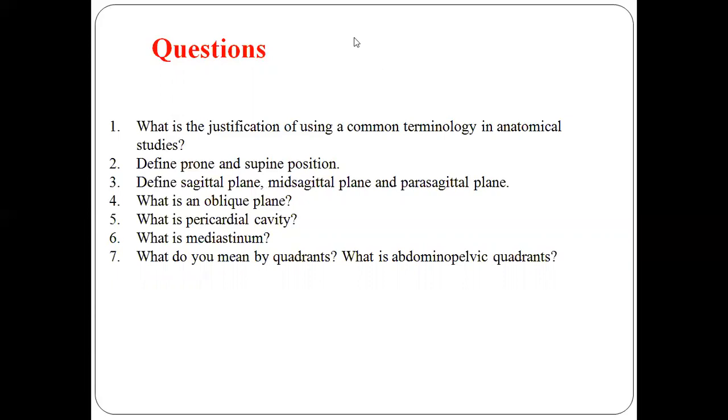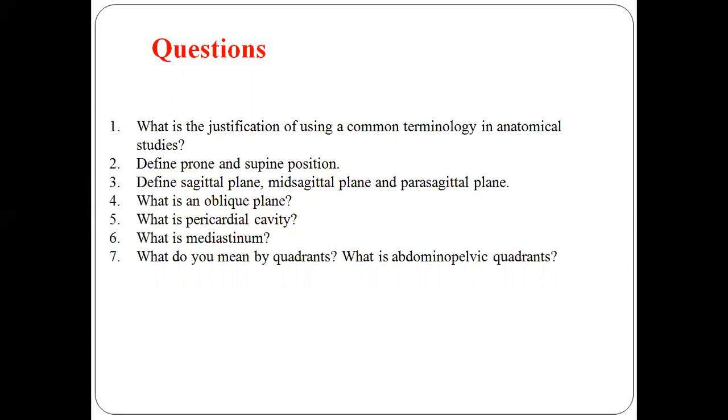And these are some questions that might help you for exam purposes. So first of all, you have to give the justification of why common terminology is used in anatomical studies. Then there are some definitions, that is the prone position, the supine position, the sagittal plane, the mid-sagittal plane, the parasagittal plane, then the oblique plane, the pericardial cavity, then the mediastinum.